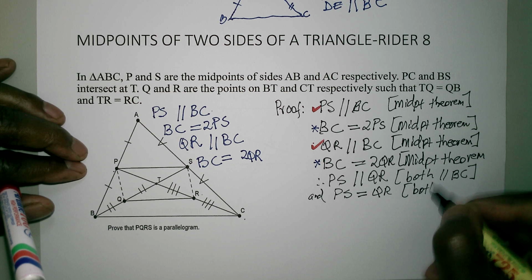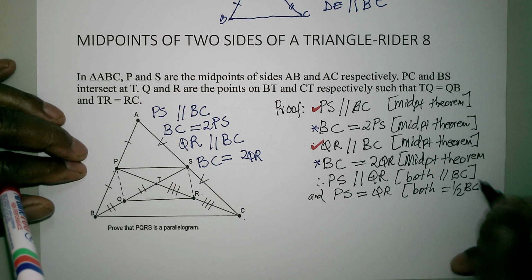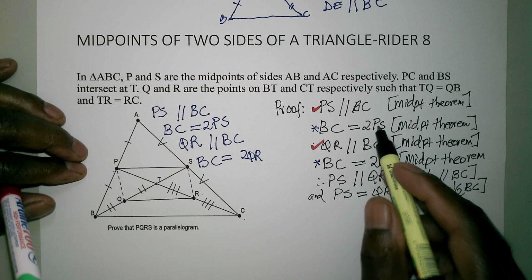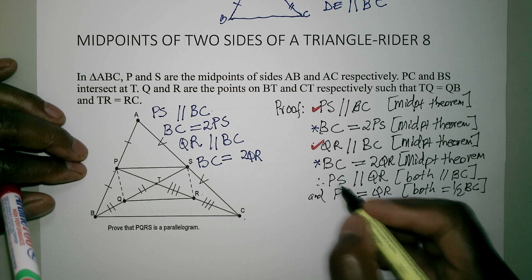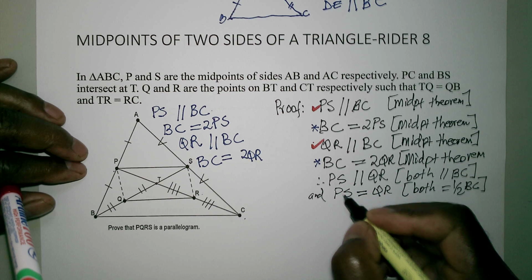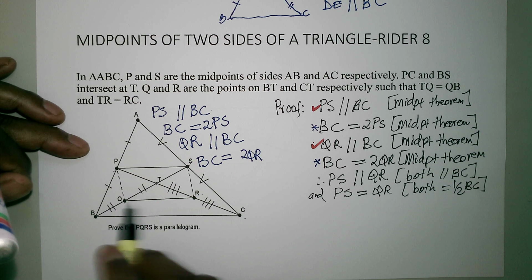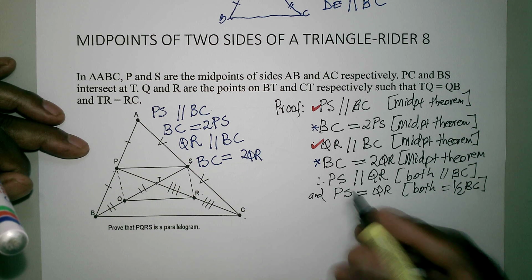Both are equal to half of BC. Remember, because of these two statements, they are both equal to half of BC. So using these two statements, PS is parallel to QR and PS equals QR.